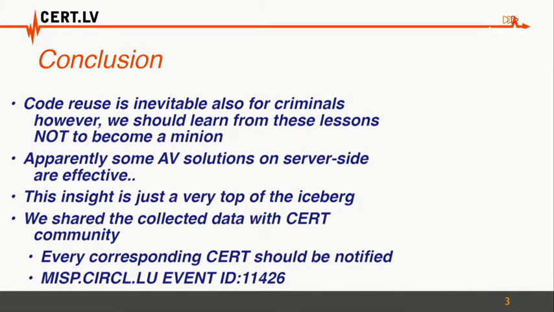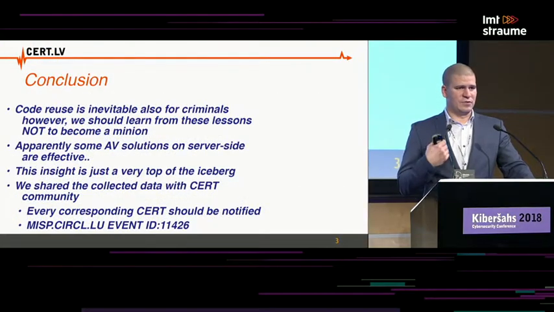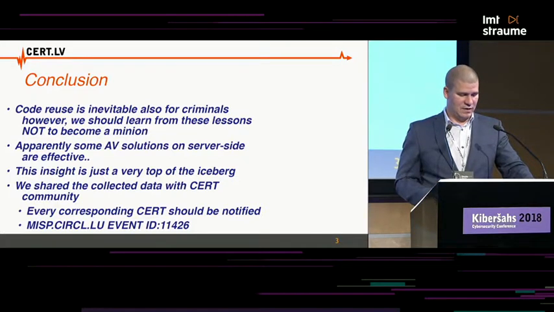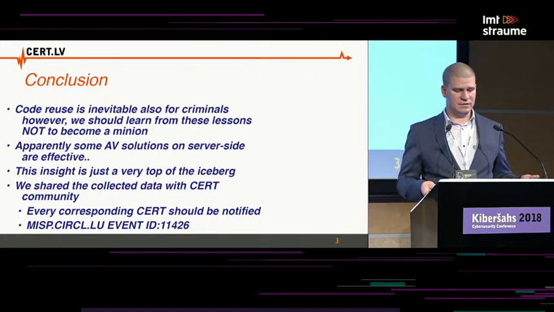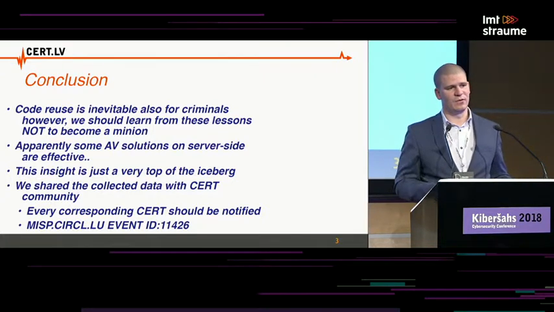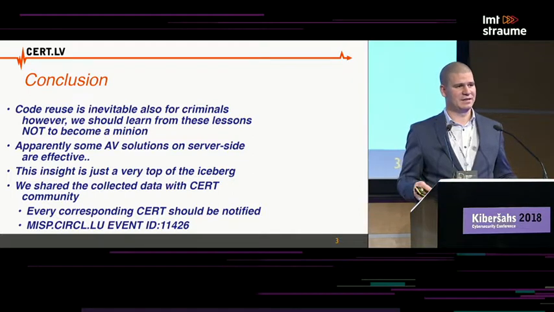So some conclusions from our side on this research. Code reuse is inevitable, like I mentioned before, also for good guys, and I guess it's how we live nowadays, and we should learn from these cases. We should understand how we could avoid being minions, like those script kiddies or hackers.